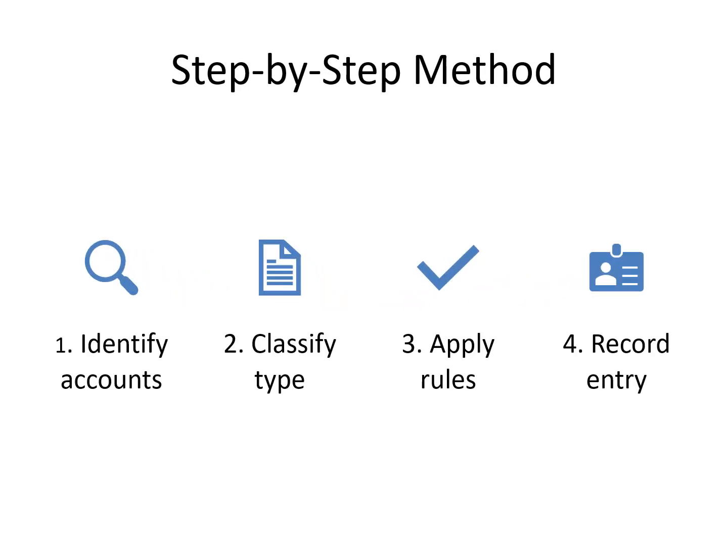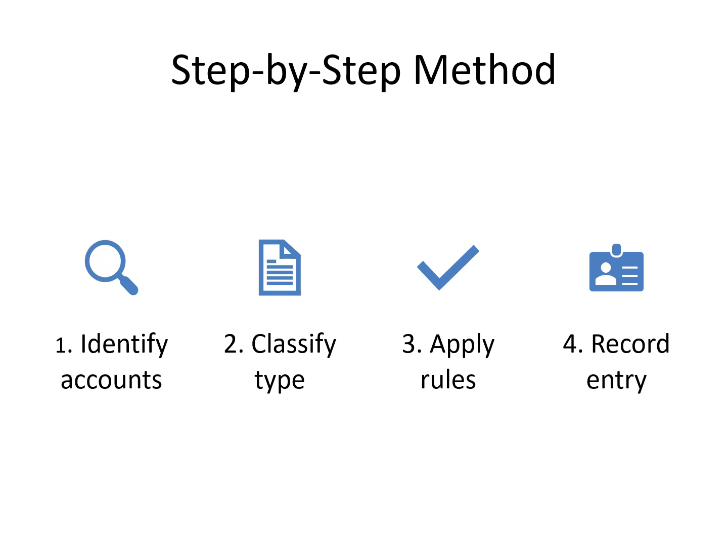So let's take it step by step. Let's look at the step-by-step method. When you are dealing with journal entries, or when you see a question, you follow these steps. Step 1 is to identify the accounts involved.